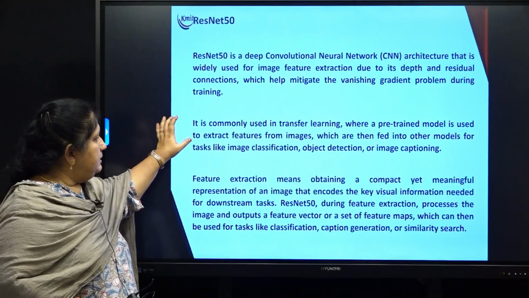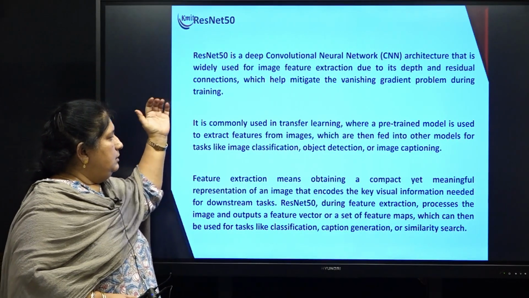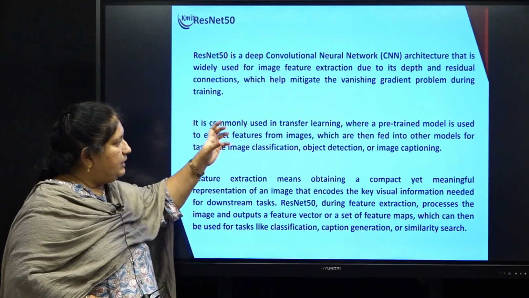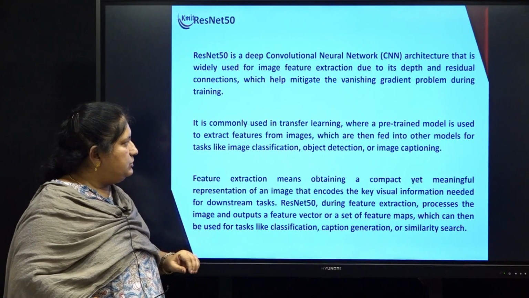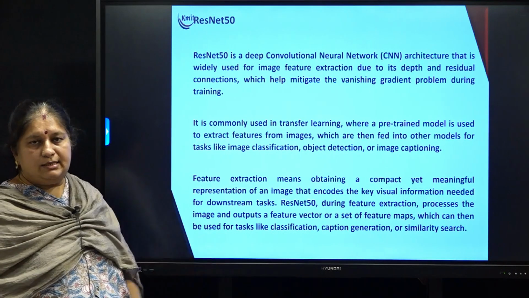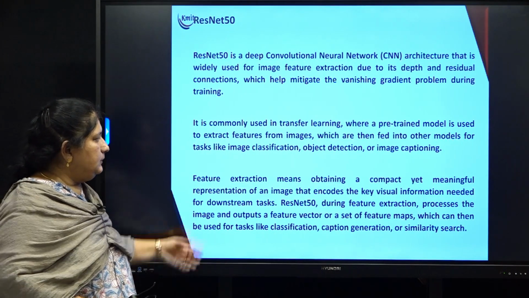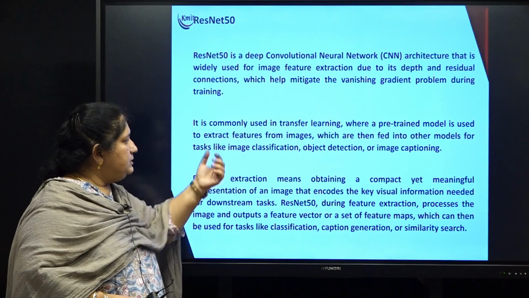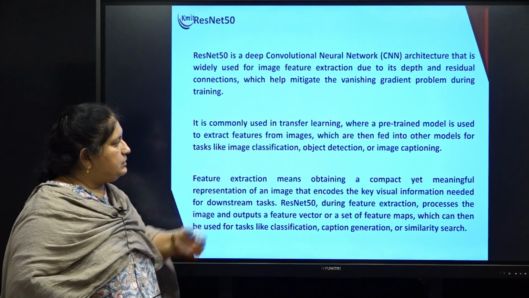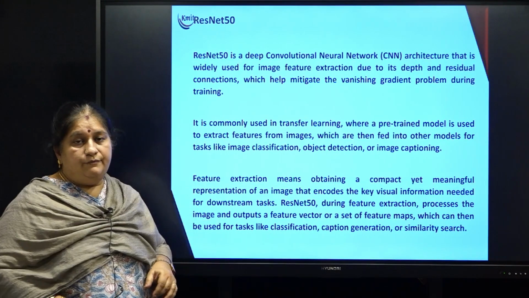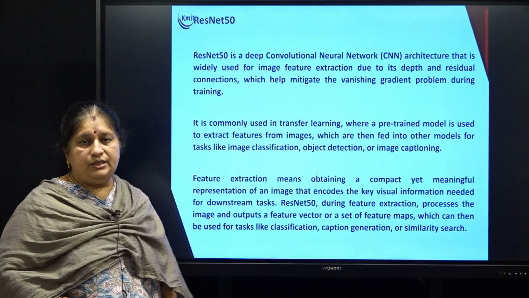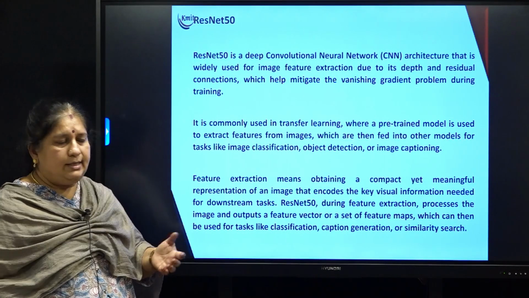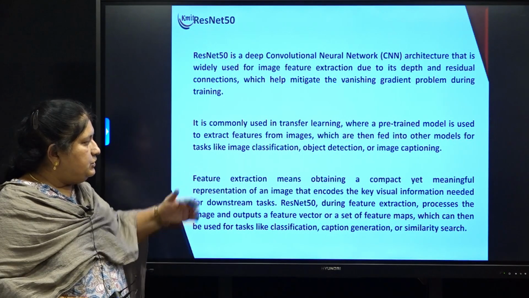Generally, during transfer learning, where a pre-trained model is used to extract features from the images, we go for ResNet50. Whatever features it generates are fed to other models which perform tasks like image classification, object detection, captioning, etc.